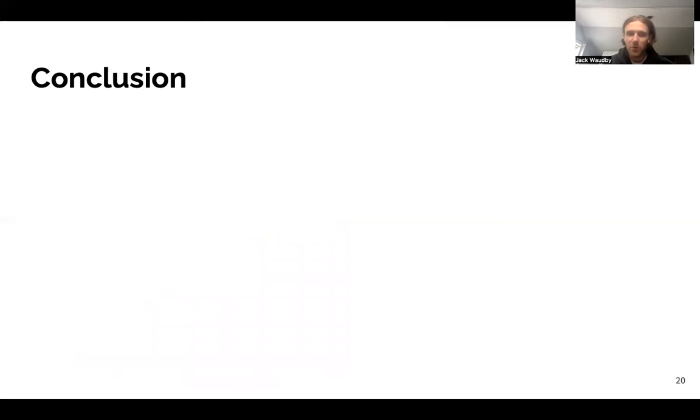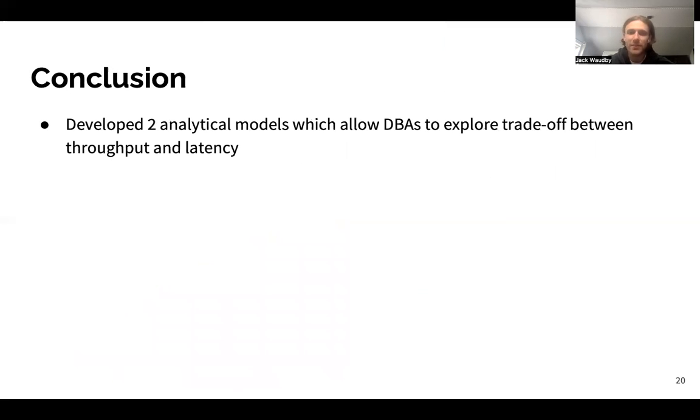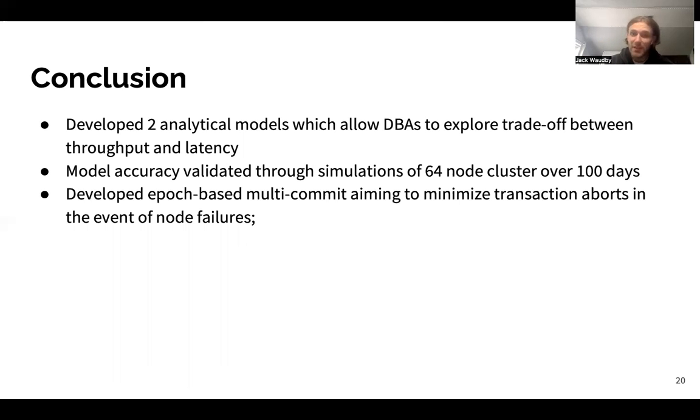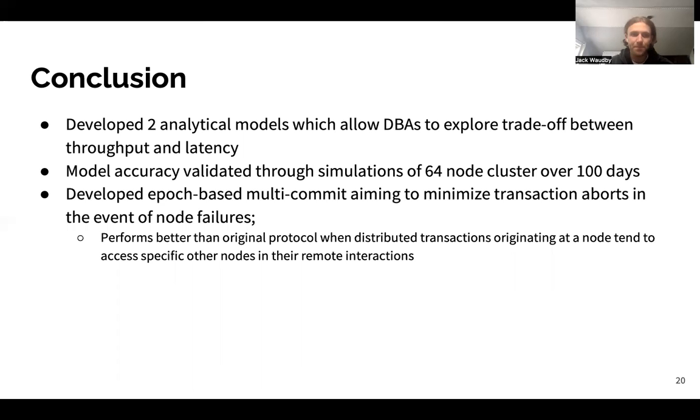So to wrap up, to conclude, we've developed 2 analytical models which allow database administrators to explore the trade-off between throughput and latency. We have validated these models' accuracy through simulations of a 64-node cluster over a 100-day operational period. We developed multi-commit, which helps to minimize transaction aborts when node failures do occur.